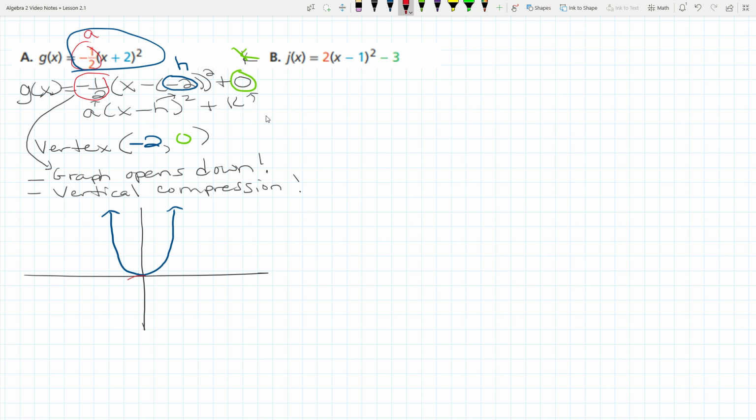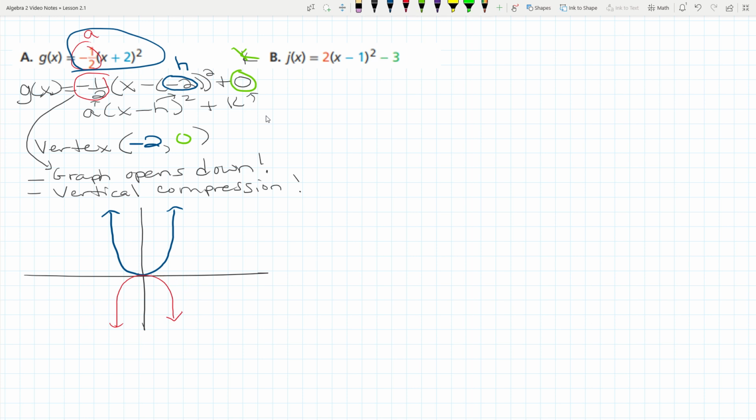So that means it's going down like this because of the negative. We also know that it's being compressed. So if it's compressed, that means it's shrinking. If it's shrinking, that means the numbers are getting smaller. So this right here is a shrink.